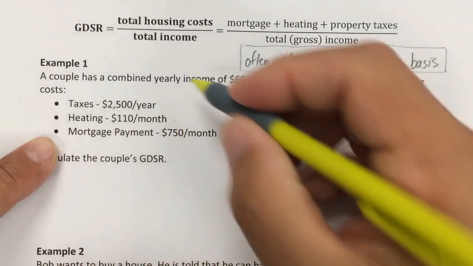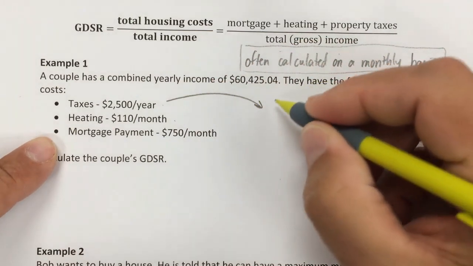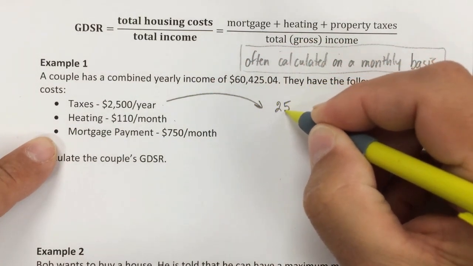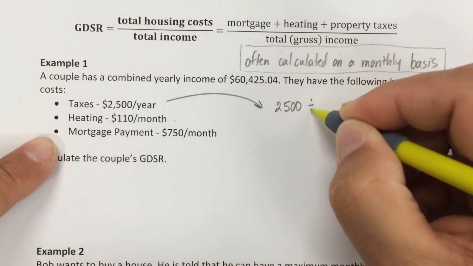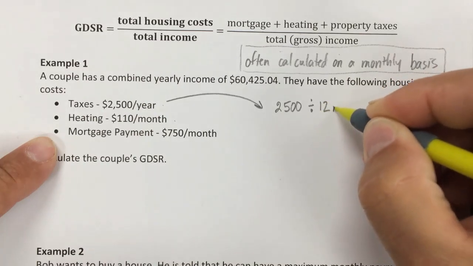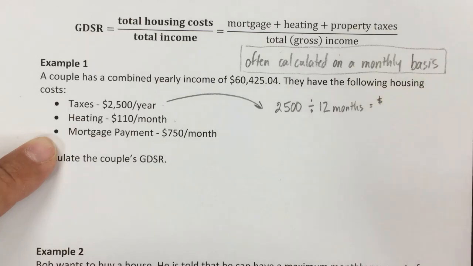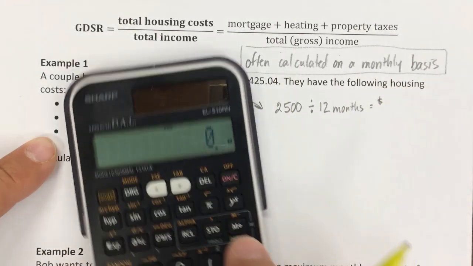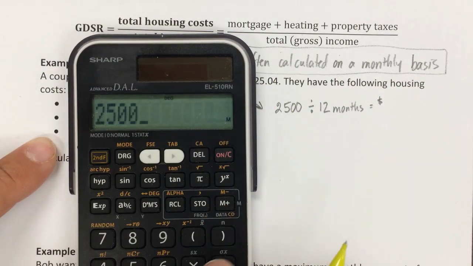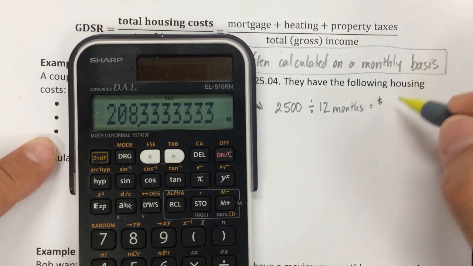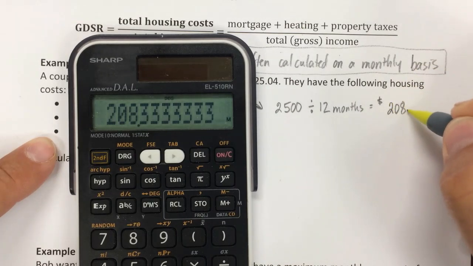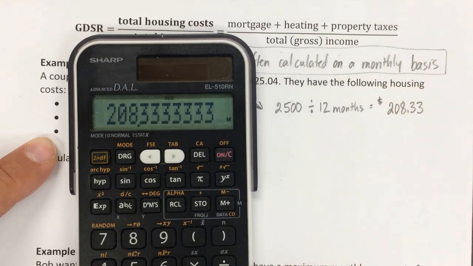So let's quickly start with the taxes. $2,500 divided by 12 months in a year is going to give me the dollars per month. So quick calculation here, 2,500 divided by 12 is $208.33.